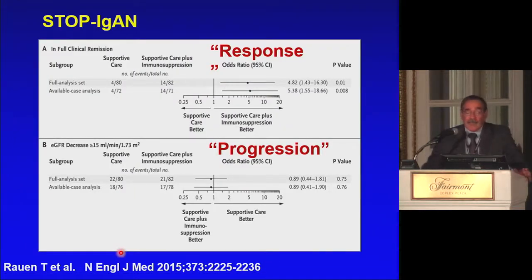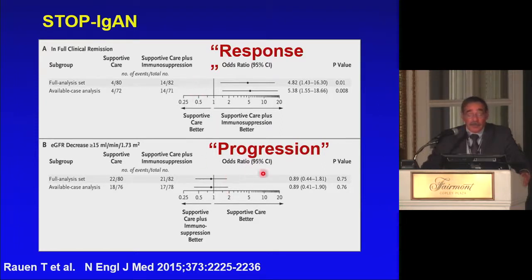If you look at the end results here, this is response in terms of lowering proteinuria with stable creatinine. Here you're looking at supportive care plus immunosuppression being better than supportive care, just blood pressure control with an ACE inhibitor, ARB, or statin.